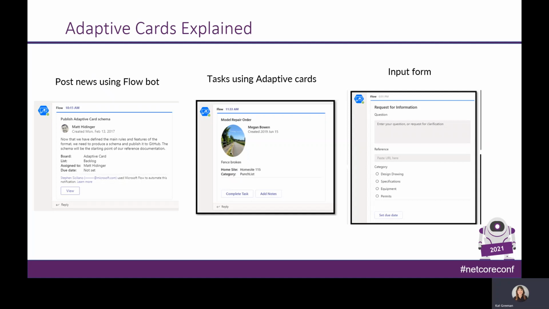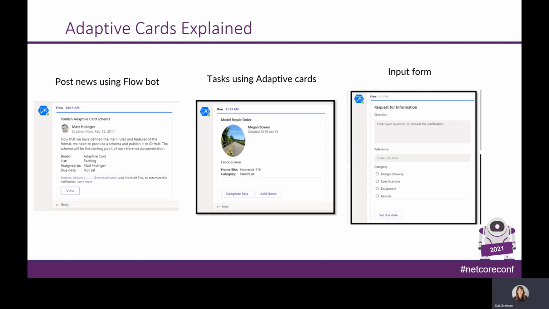Adaptive Cards uses Power Automate to automatically share cards into either Teams chat, channels, SharePoint, Outlook, and more. Now, the first one that you can see on my screen on the left-hand side is a really simple adaptive card. That adaptive card is a way of sharing a piece of news and a couple of buttons so that the user can interact with that card.